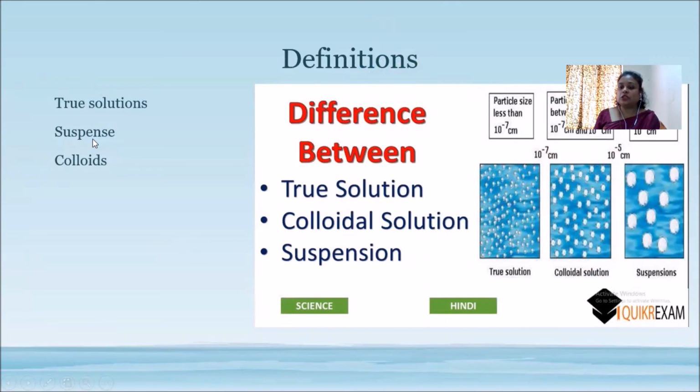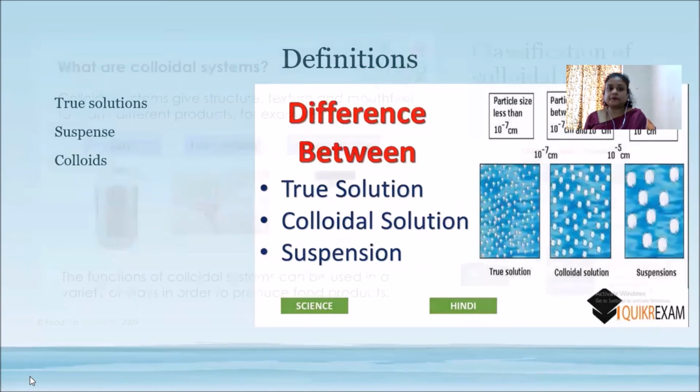Then suspension is heterogeneous, where you have particles dispersed, because you have continuous phase and dispersed phase. Continuous phase is water, dispersed phase are the particles which are floating in the water. The third one is the colloid. Between true solution and suspension, the third one is the colloidal, where you have particle size which is very minute when compared to suspension, and it is 10 to the power of 7.